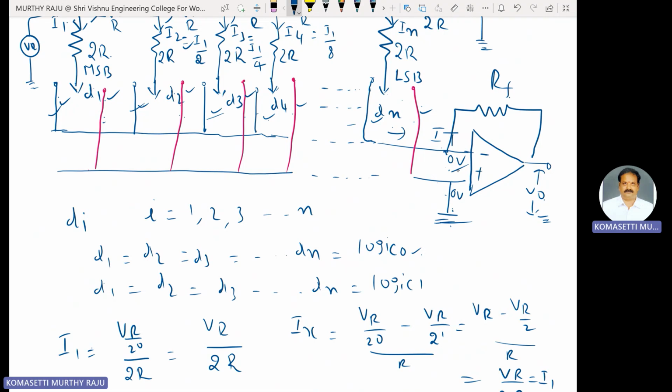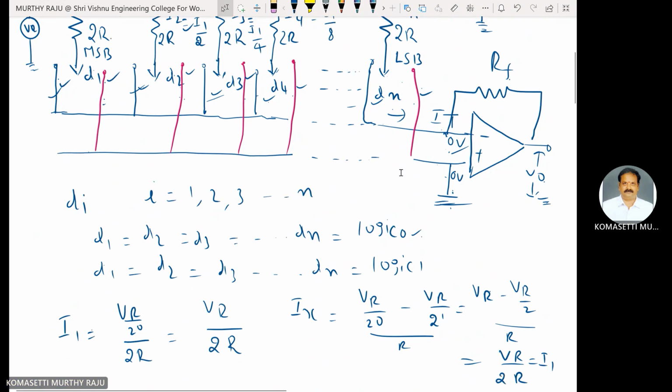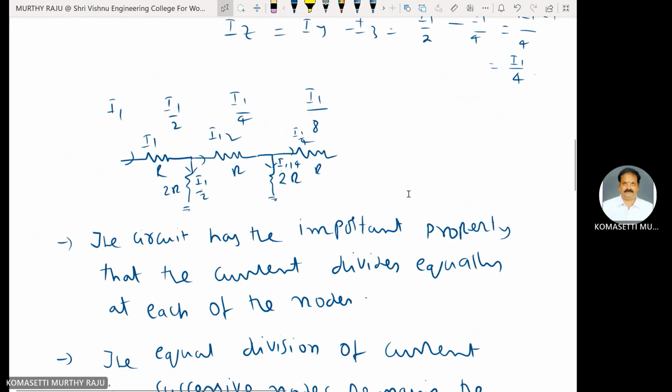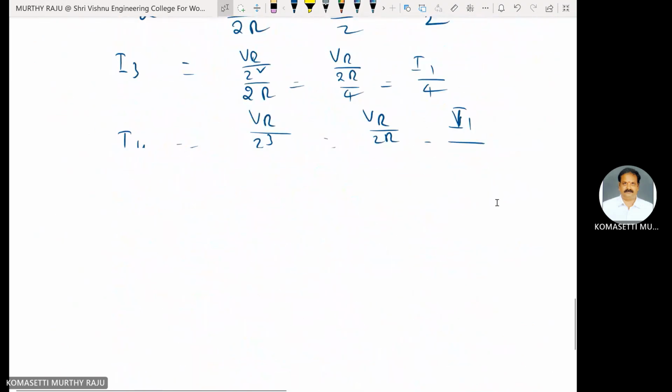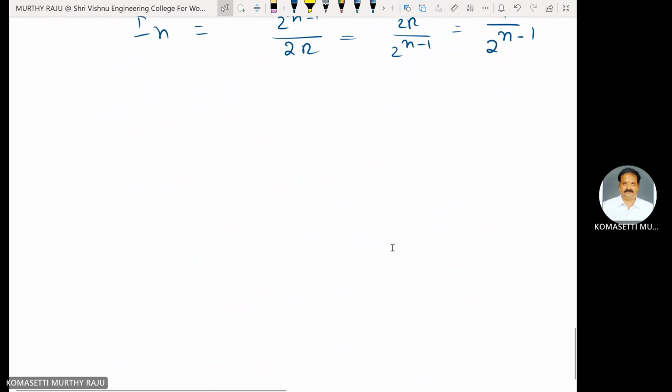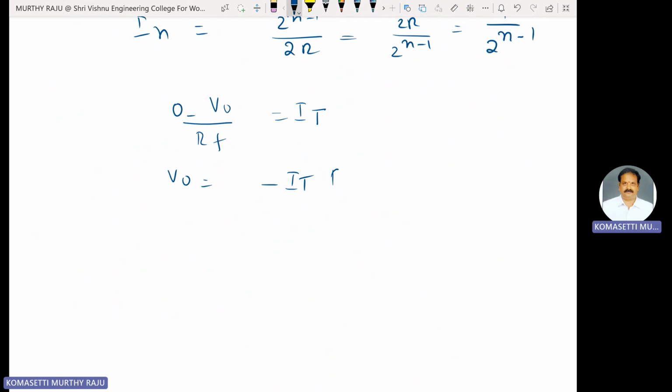0 minus V naught by RF is equal to IT. Therefore, V naught is equal to minus IT into RF, minus RF.